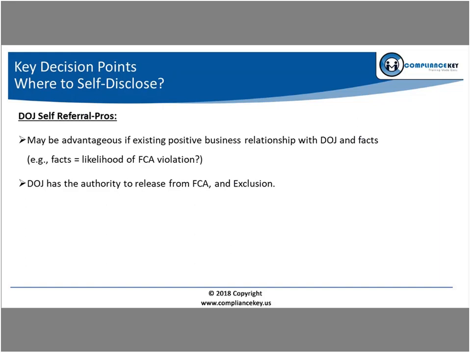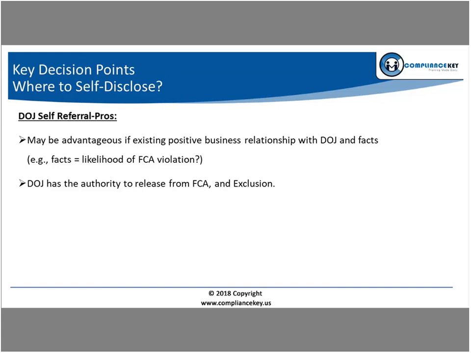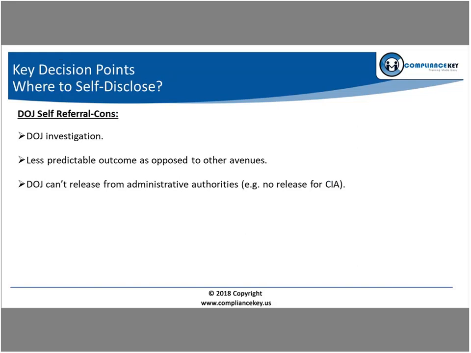But it could be advantageous to do this if there's an existing positive business relationship with the Department of Justice and the facts really indicate there's a likely False Claims Act violation, and it might just be best to go ahead and self-report that matter to the Department of Justice. They do have the ability to release False Claims Act liability and exclusion. So these are just some of the pros. But again, you want to make sure that you've got the advice of legal counsel before you proceed down this avenue. But I mention it as it is a possibility, and it's another avenue for self-disclosing an overpayment.